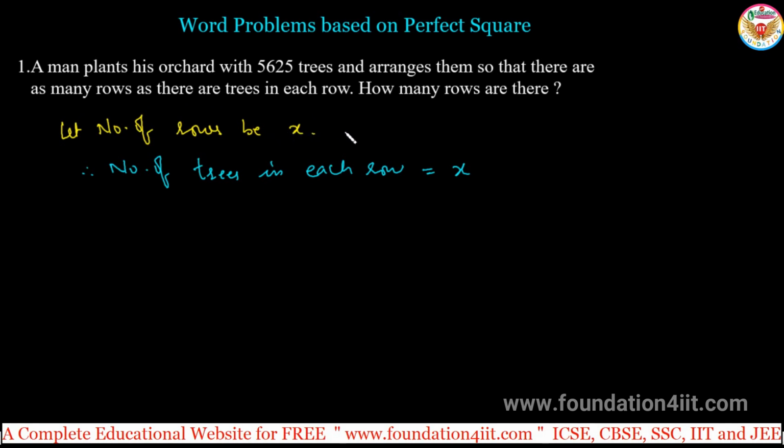So if the rows are 15, then 15 trees in each row, like that. And if you multiply these both, that is equal to 5625, the total number of trees planted.